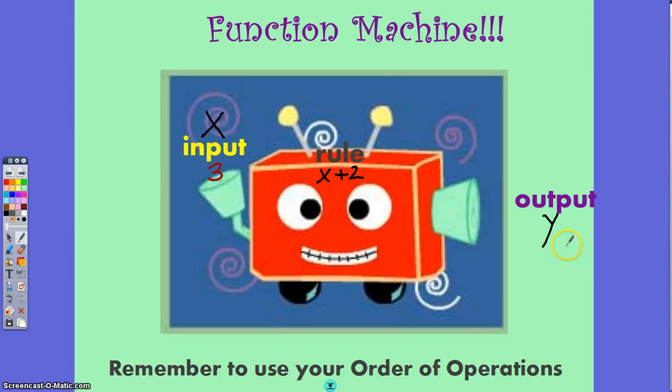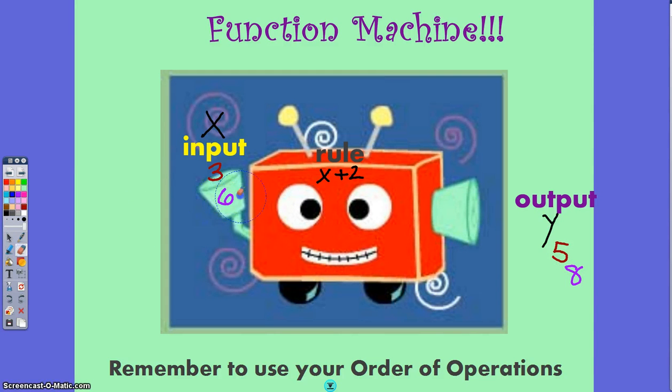Its output would be 5. So input was 3, it magically changed, 5 came out. If I put a 6 as my input, it would go into this machine, out would pop an 8. So every input value, we have an output value that comes out.